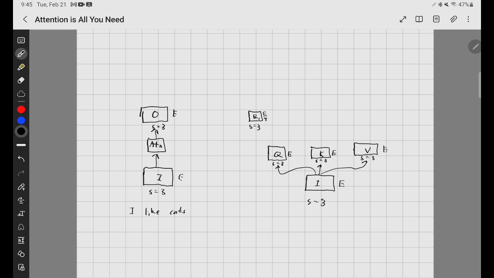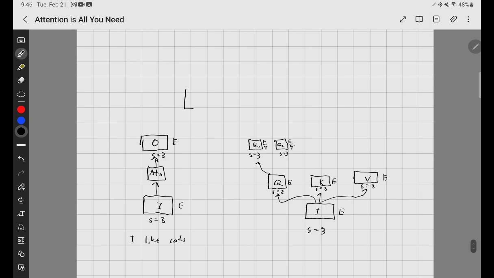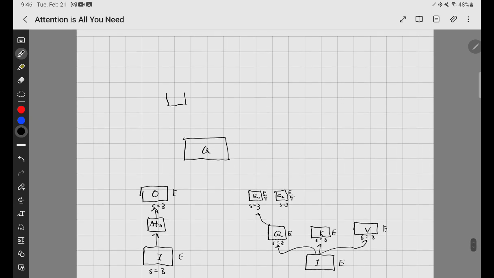This would be query 1. And then I have query 2, and so on. Each of them is E over 4 by S equal to 3. So you have this query matrix that is transformed into 4 mini matrices: query 2, query 3, and query 4.